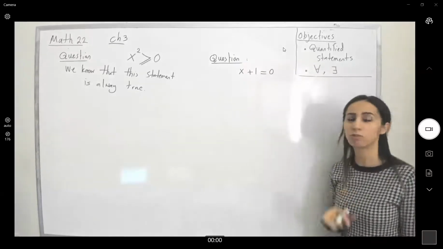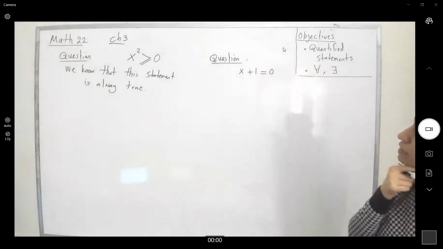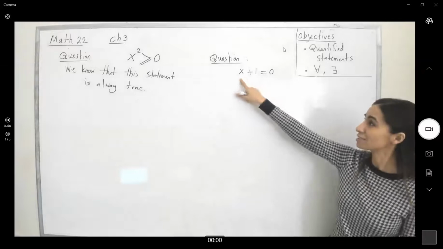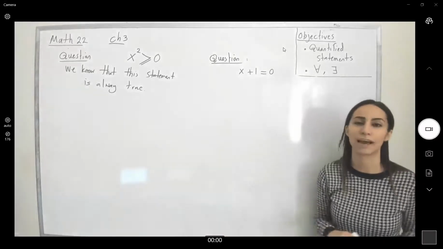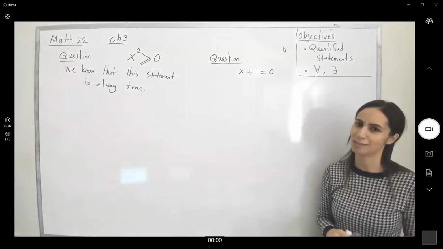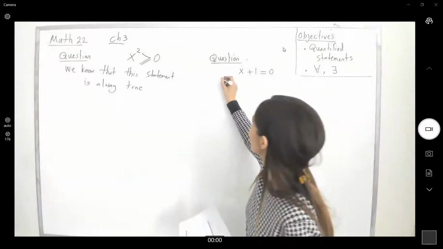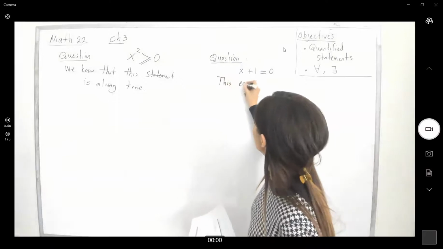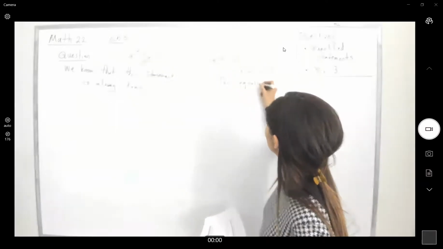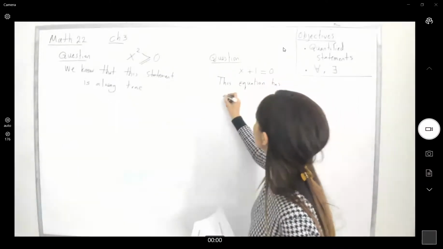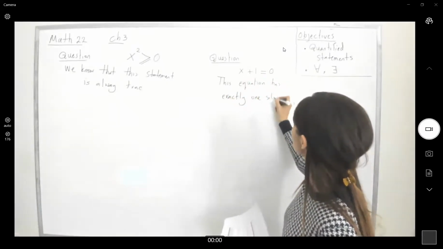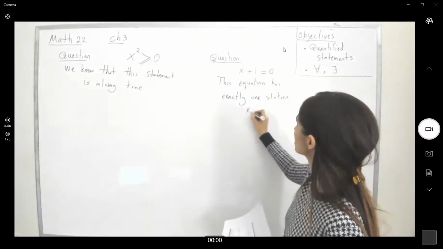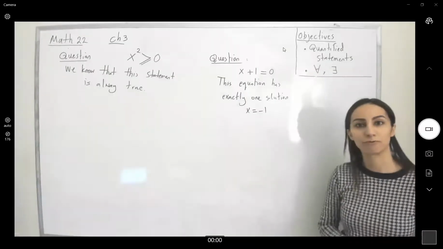You have a linear equation, and you ask, is this equation true for all numbers, for every random number that I choose? Of course not. This equation has exactly one solution. The solution is x equals -1.